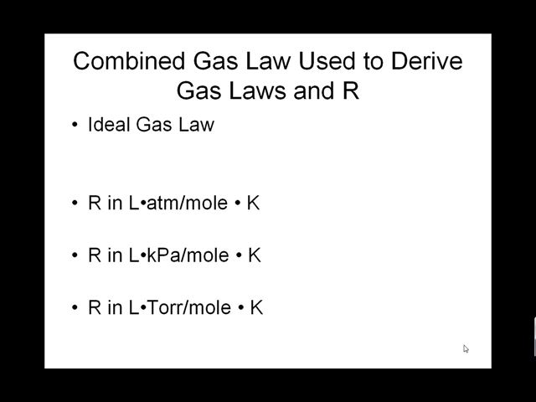But before I get into talking about the gas law, I want to remind ourselves about our standard conditions. So we know that STP stands for standard temperature and pressure, and that means standard pressure is 1 atm, which is the same thing as 760 millimeters of Hg, which is also the same thing as 760 torr, which is the same thing as 101.3 kPa.